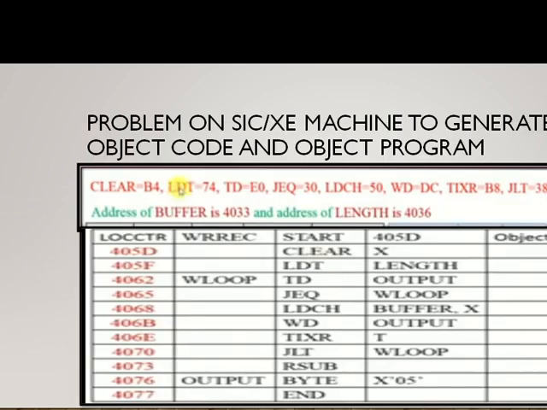Then we will see the problem on SIC XE machine to generate the object code and also the object program for the given question. Here I am going to give a brief description about this problem.